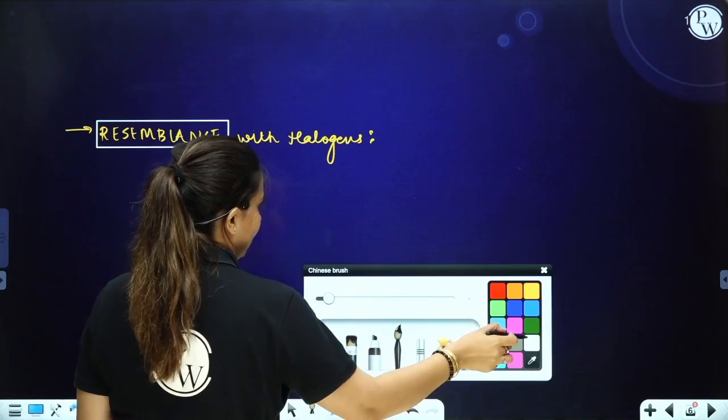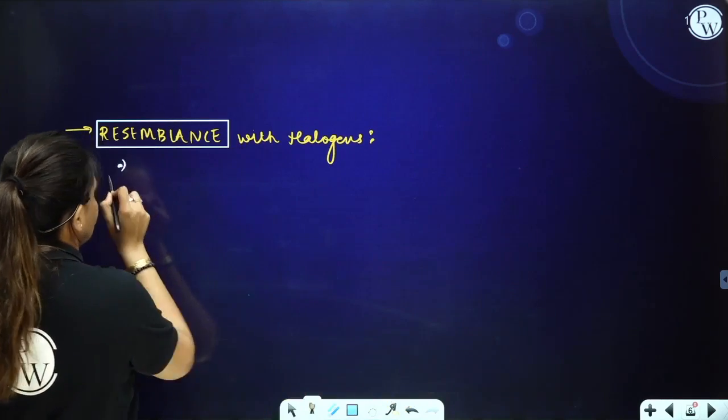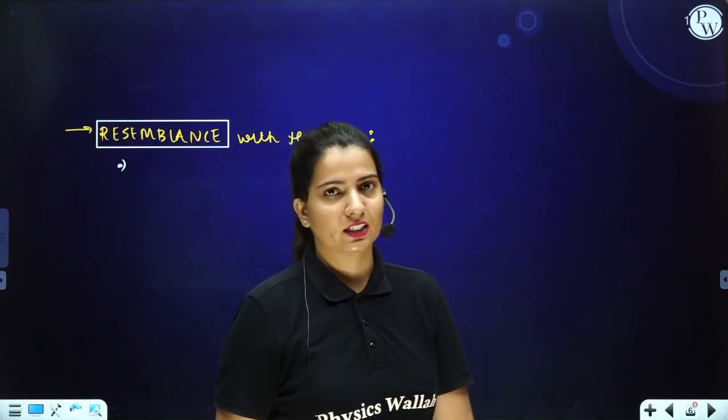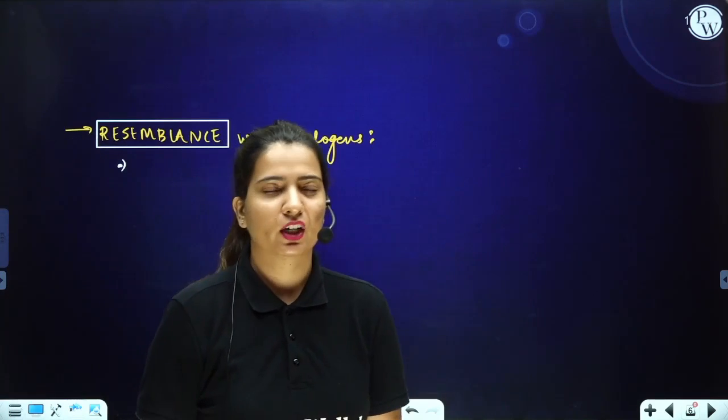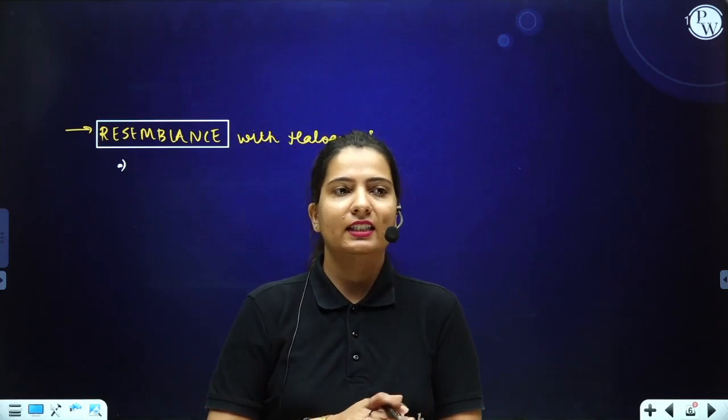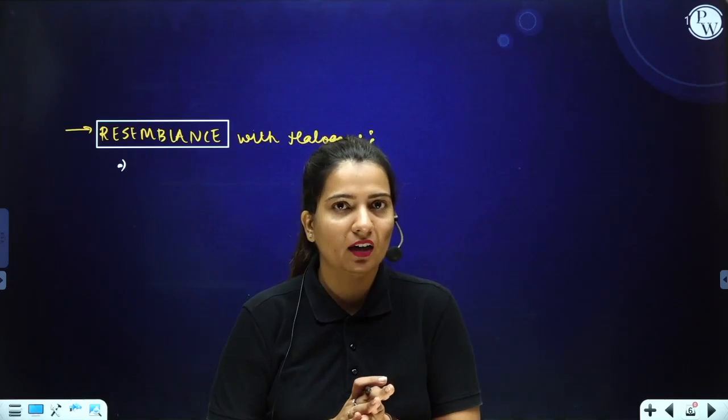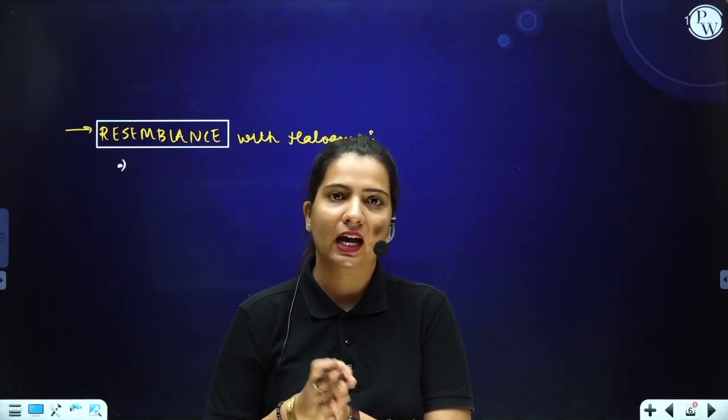Resemblance with halogens. So what will be the answer? If we talk about the electronic configuration, it is simply not similar in the case of hydrogen and the halogen atom.